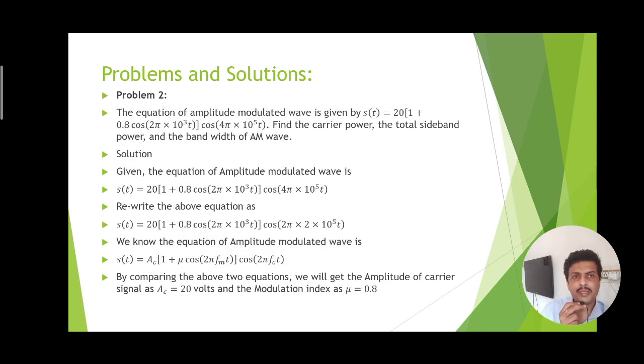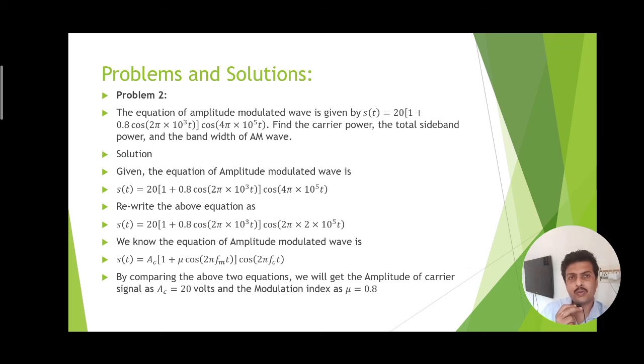Regarding the second problem, it shows an amplitude modulated signal for which we have to find the carrier power. We know the carrier magnitude, which is 20. If we take its RMS value, then we can find the corresponding carrier power. Total sideband power means the total power except the carrier power.